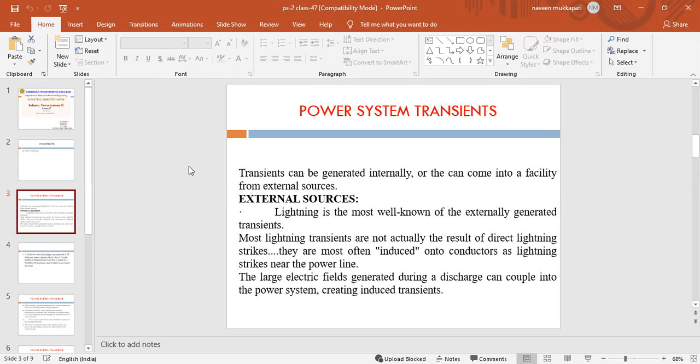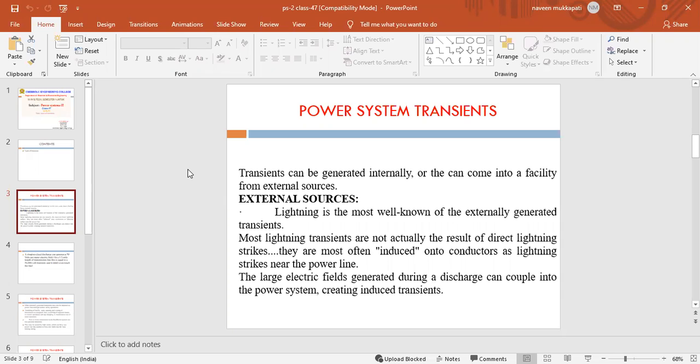The behavior of voltage and current when it changes from one state to another is called the transient state.